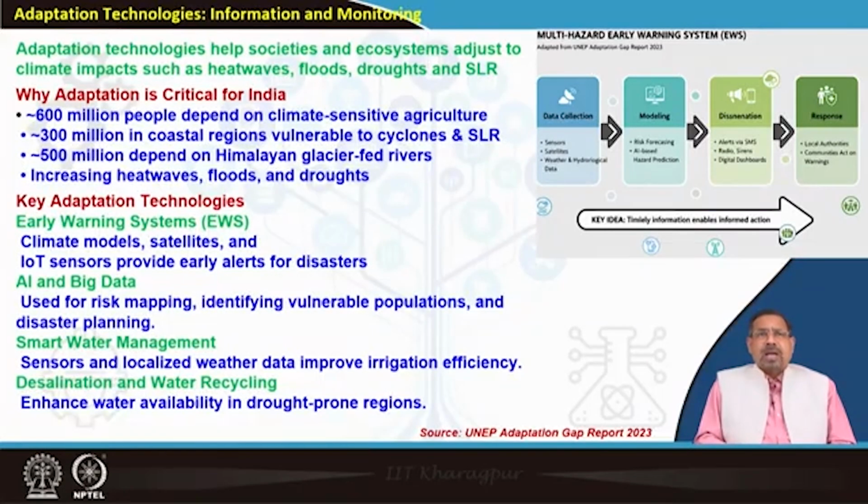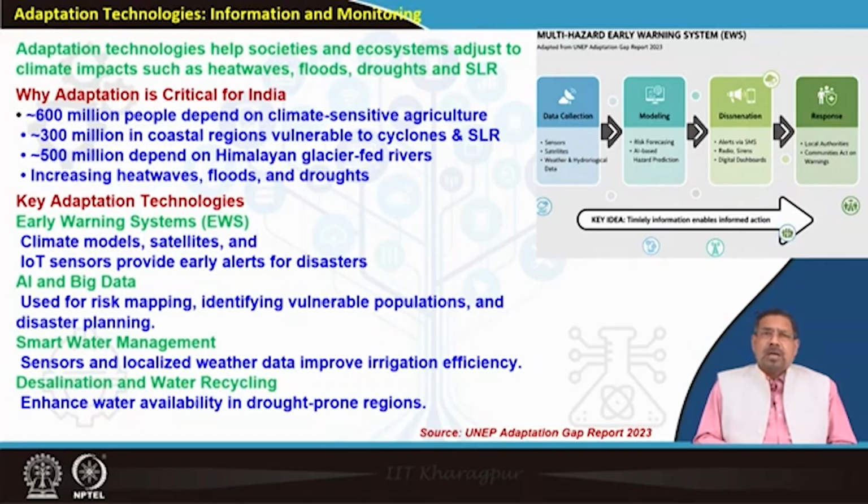Coming to adaptation technology in terms of information and monitoring, let us look at the adaptation technologies. They help societies and ecosystems adjust to climate impacts such as heat waves, floods, droughts, and sea level rise. All this we are receiving these days increasingly as extreme weather events. So why is adaptation critical for India?